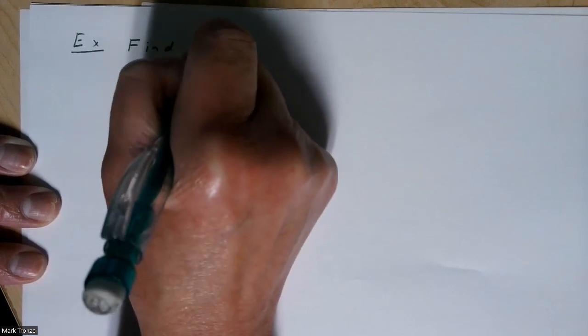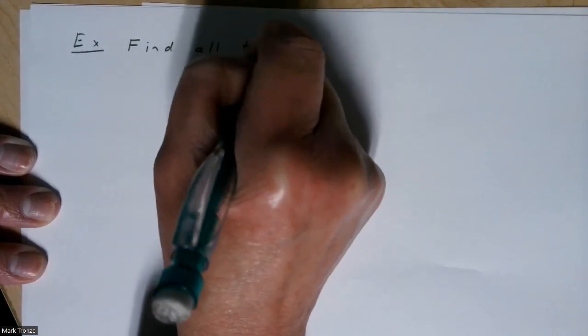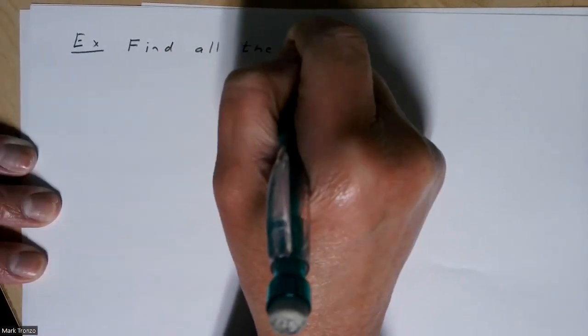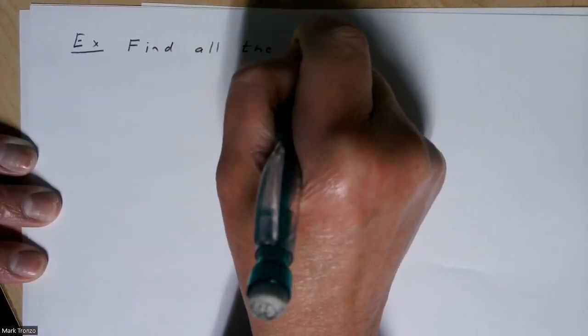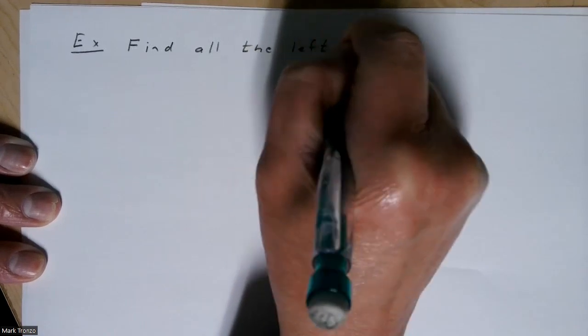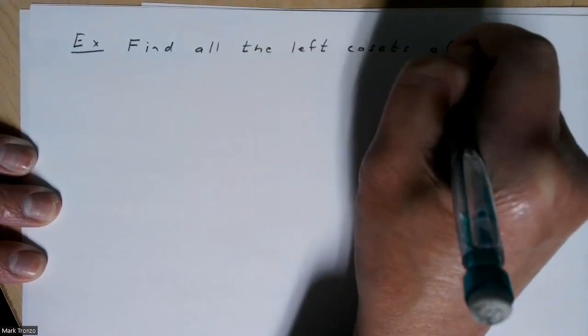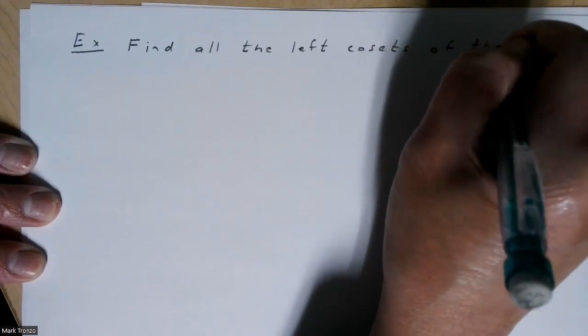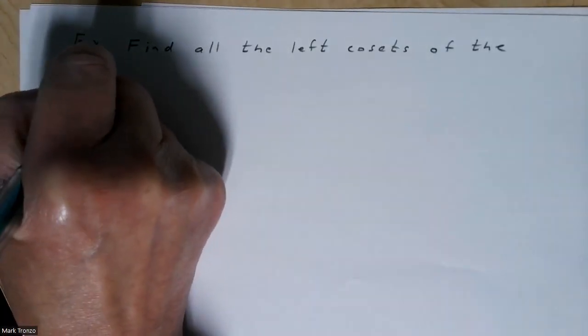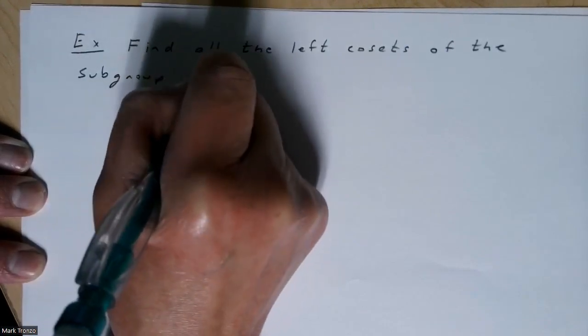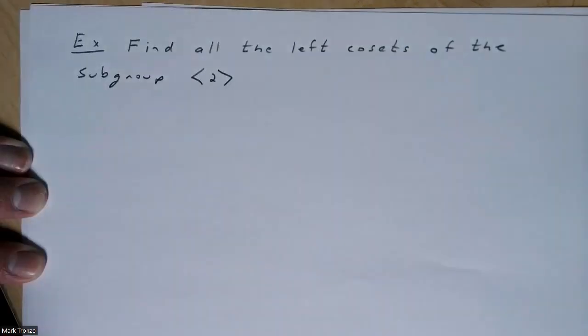Find all the cosets, and I'll use, say, left cosets of the subgroup generated by 2.